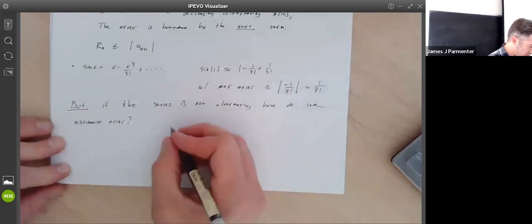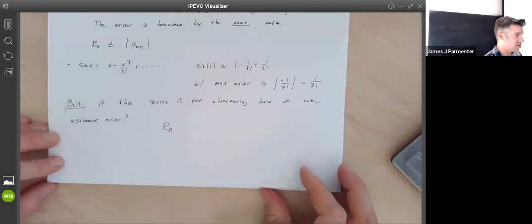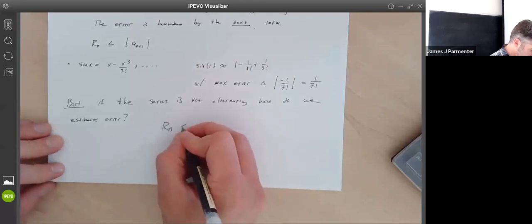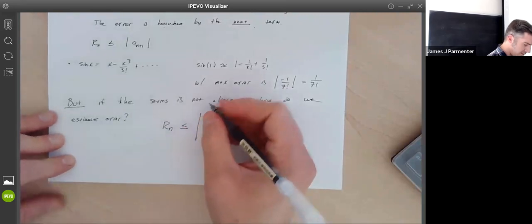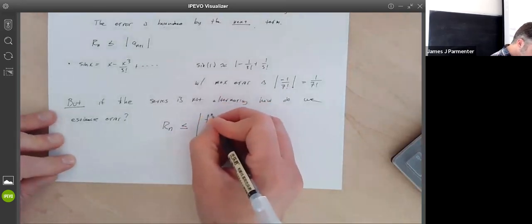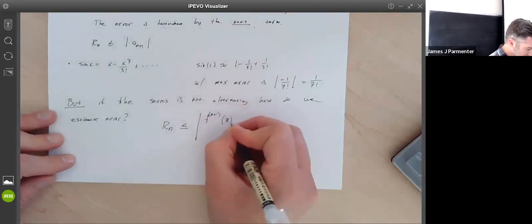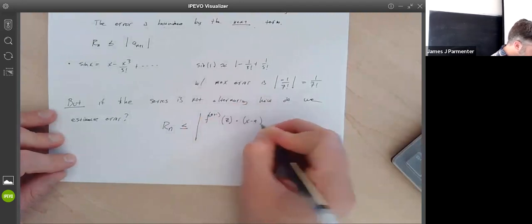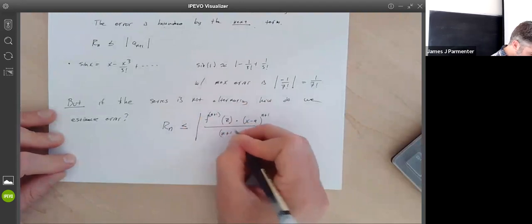There's Taylor's remainder theorem, which says that after you sum the first n terms, the remainder after those first n terms is less than or equal to the absolute value of the n plus 1 derivative of your function, evaluated at some z, we'll talk about z in a second, times x minus a to the n plus 1 over n plus 1 factorial.